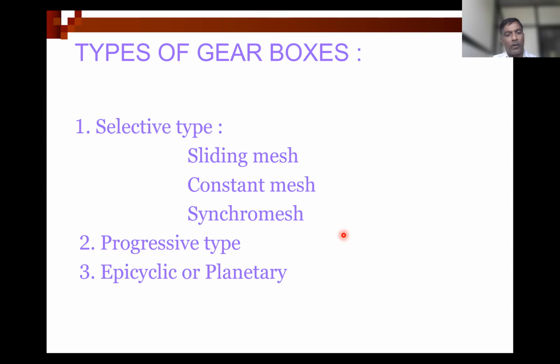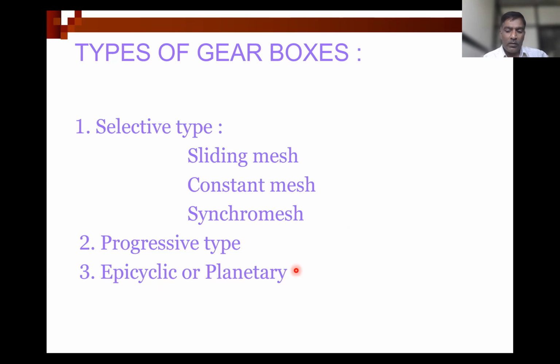Such a gearbox we call a progressive type. So first, then second, then third, then fourth, then fifth, otherwise sometimes first at the bottom, neutral, then first, second, third, like this. That type of gearbox we call a progressive type. And the final one is epicyclic or planetary; those types of gearbox are used in automatic transmission.